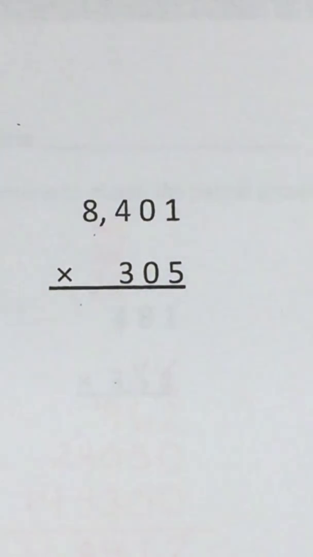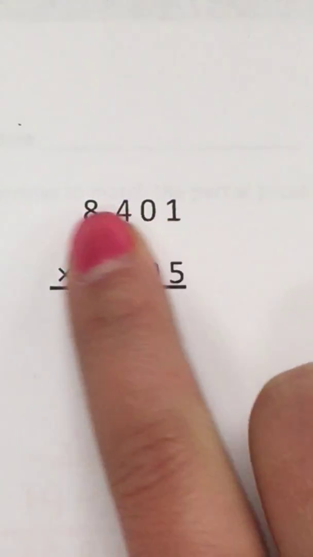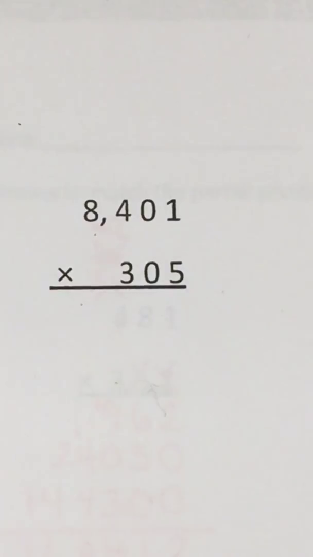So if I am going to do a 4-digit number by a 3-digit number, like the one in 2A, I'm going to do it the exact same way that I've been doing the multiplication for all of my other problems. So I'm going to start with the ones place, and I'm going to multiply it across.